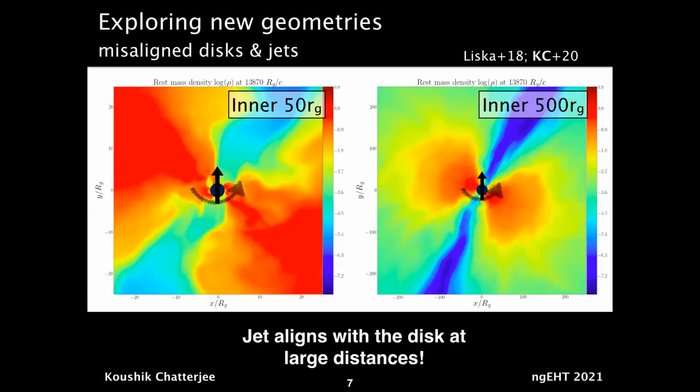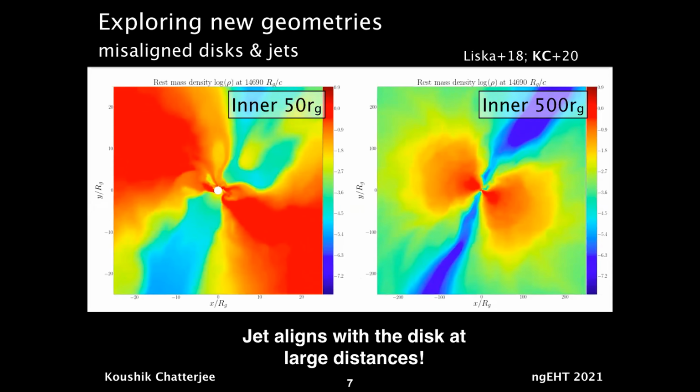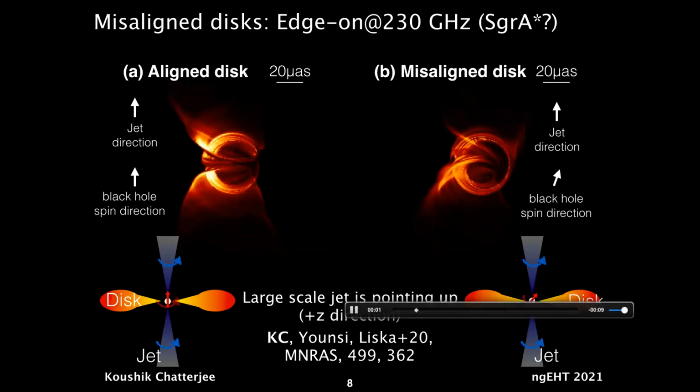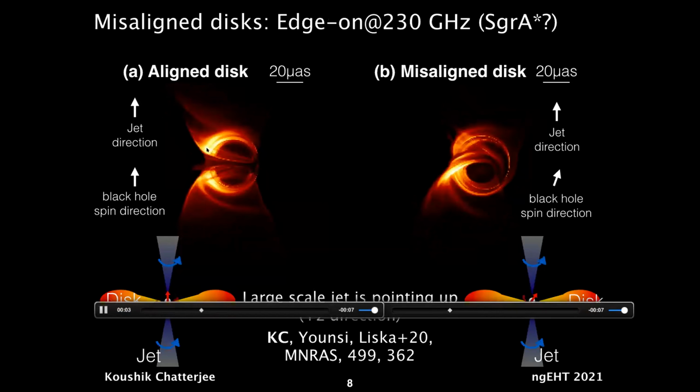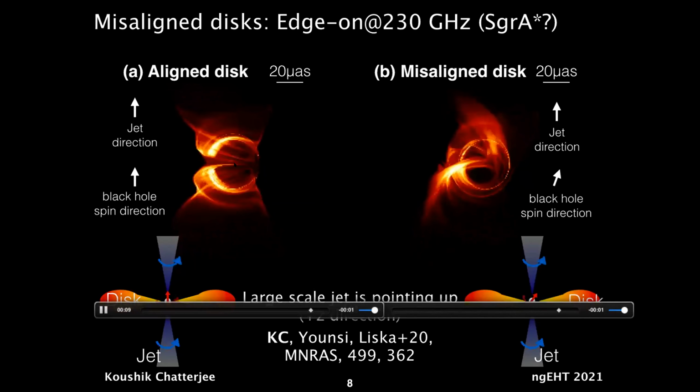Well, one minute left. Oh, okay, quickly. Needless to say, the jet points, at large distances, in the same direction as the disk. And when you ray trace the same simulation, what you figure out is that if you look at a 230 gigahertz image, you notice that there is a warp in the image with respect to the aligned disk version.